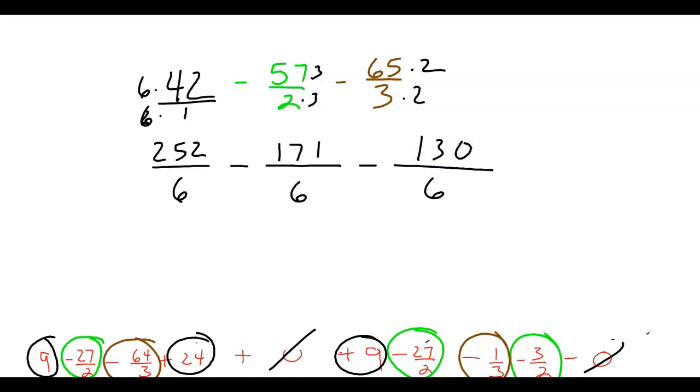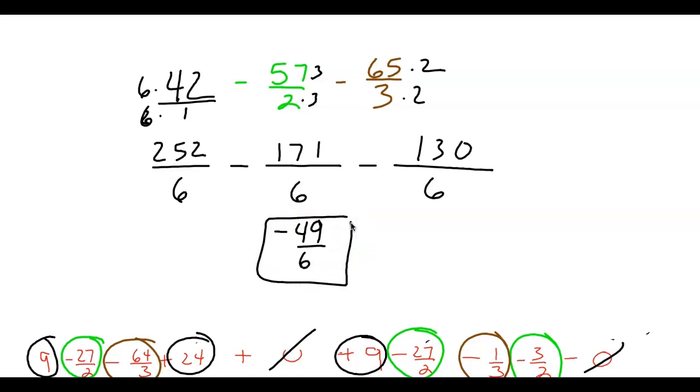And then we're going to combine all of our numerators together. So we have 252 minus 171 minus 130, and I'm getting negative 49 over 6. And that's probably good enough. We can stop right there.